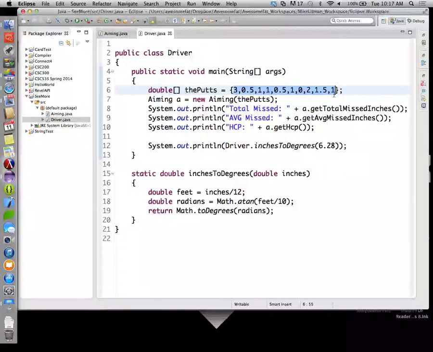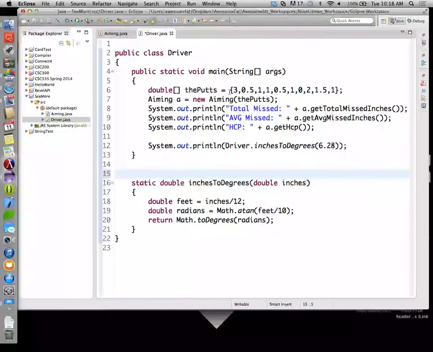We're going to need to convert to the angle. So we have this number here. Oh, we figured that out last time, didn't we? So we're going to be putting in a bunch of inches. But I want to go the other direction. We were originally thinking that this was inches, but it's actually degrees, correct?